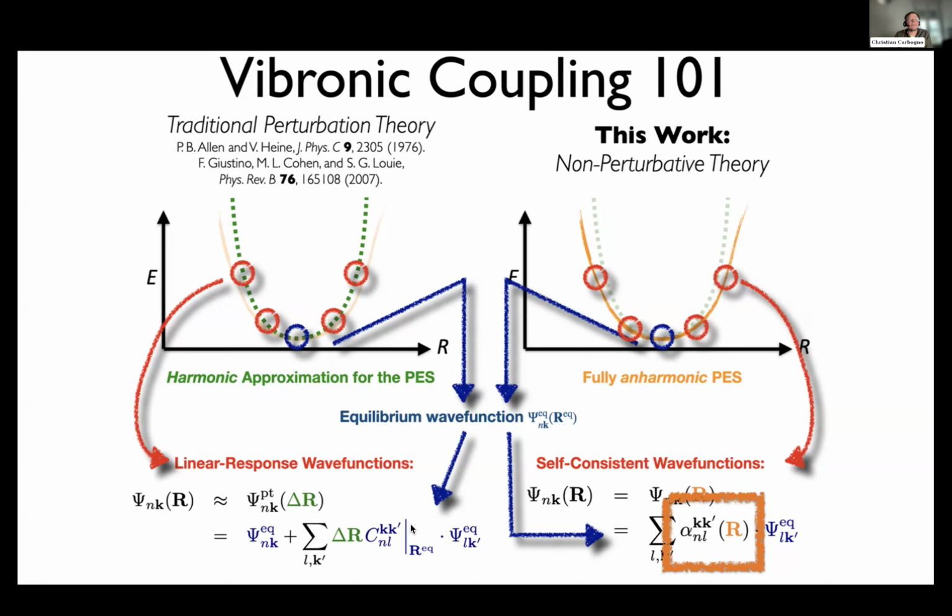There are more details to how this is done exactly in EPW, with linearization and going to second order for some terms here, but this is basically the idea. And what we have done here with the Kubo-Greenwood theory is to use fully anharmonic potential energy surfaces with ab initio molecular dynamics and self-consistent solutions of the wave function. So all the approximations that are in EPW are lifted in the Kubo-Greenwood method.